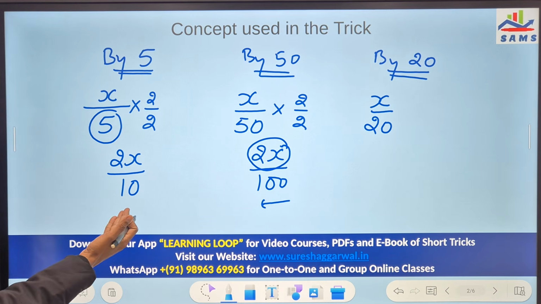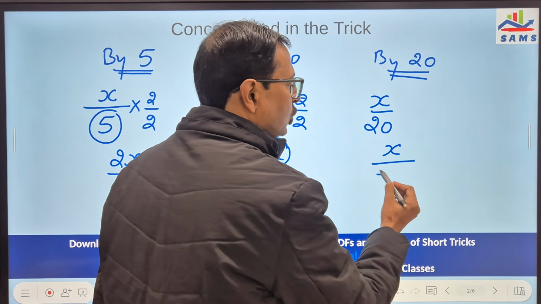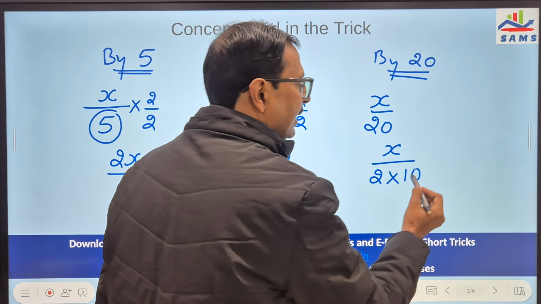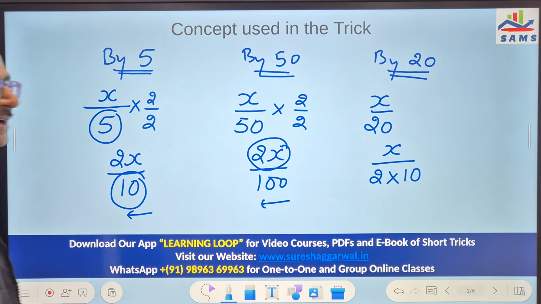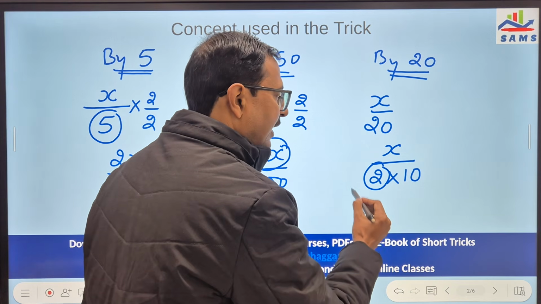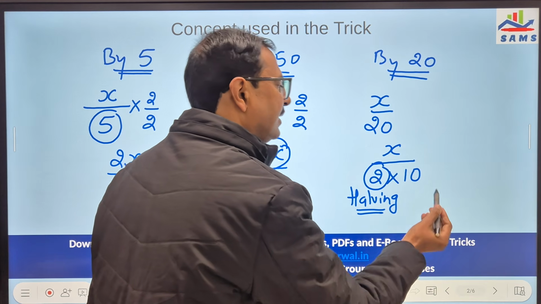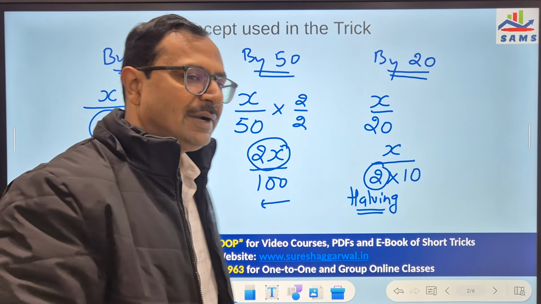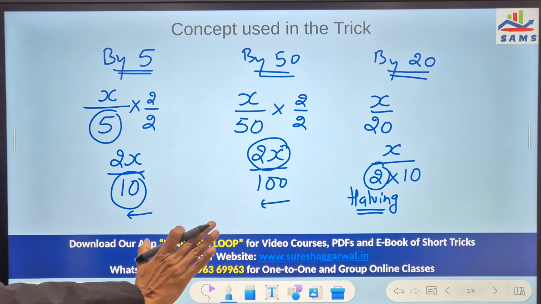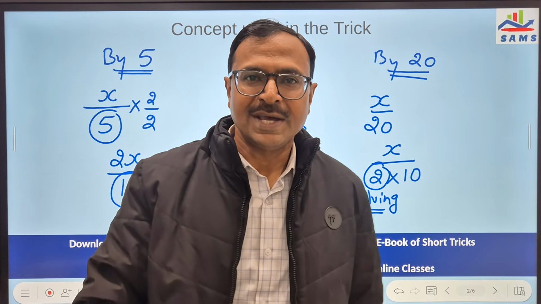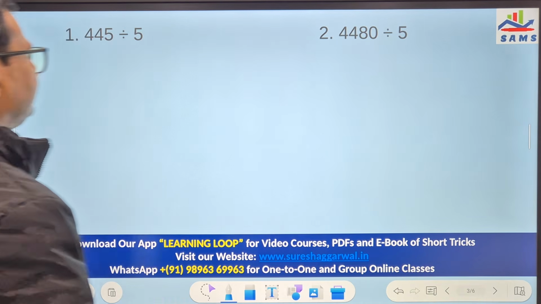Division by 20 is division by 2 and then by 10. Now by 10 it is very easy because it is shifting the decimal towards left. What is division by 2? It is halving. So if you are good in halving and then shifting the decimal, division by 20 is not going to trouble you. I hope the concept works for you, and we can take up some questions to apply this trick. Let's see the first one.